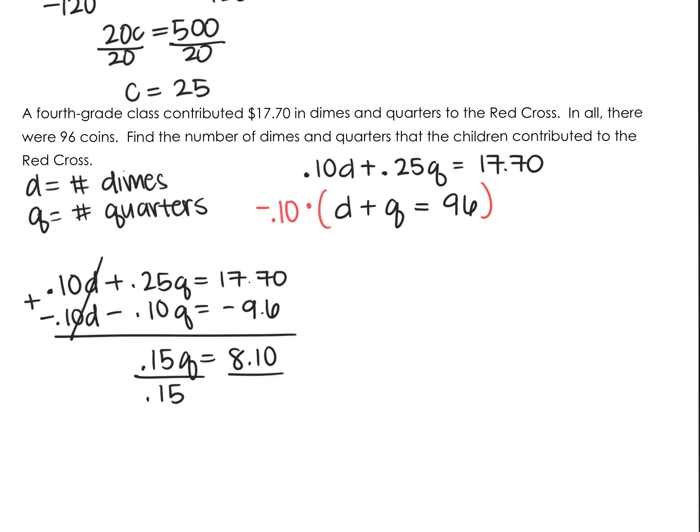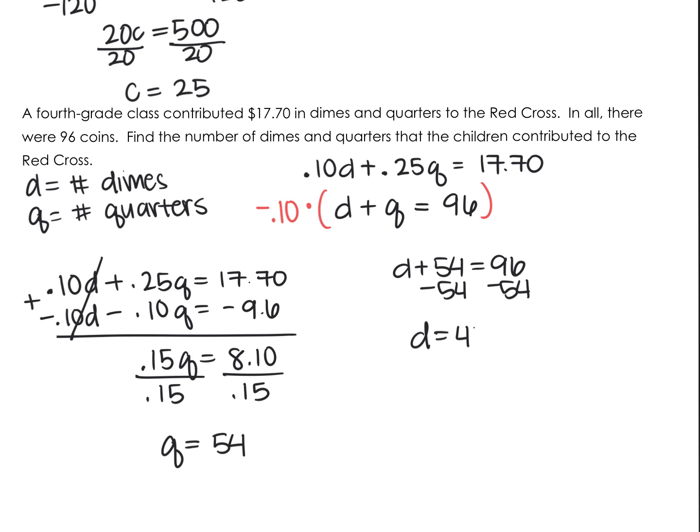Divide by 0.15, and Q is 54. Now the easiest way to solve for D in this case is to use the fact that D plus 54 equals 96 and subtract 54. So we're going to get that D is 42.